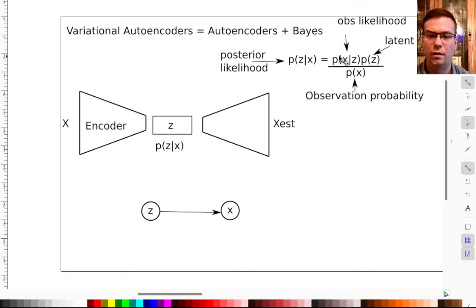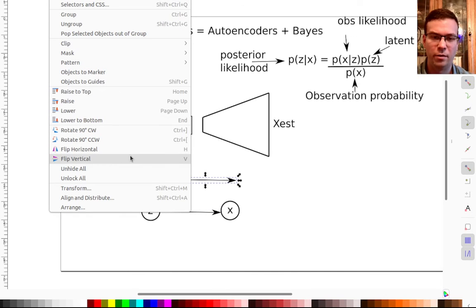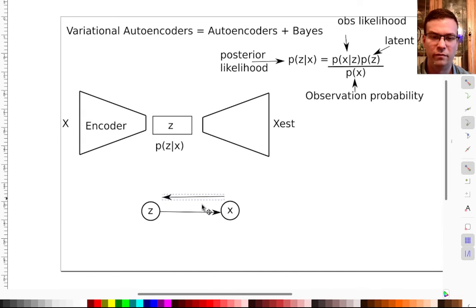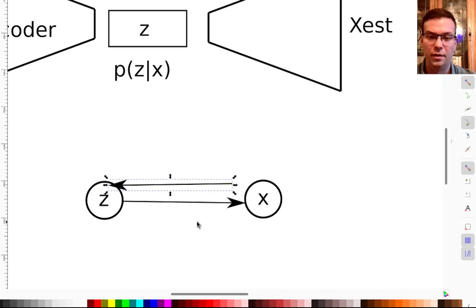The probability of x given z is the observation likelihood. But really what I want to know is the probability of z given x. I kind of want to flip this around because I want to know how to characterize the random variable in the latent space with respect to some observation x that I've made. That's the idea.